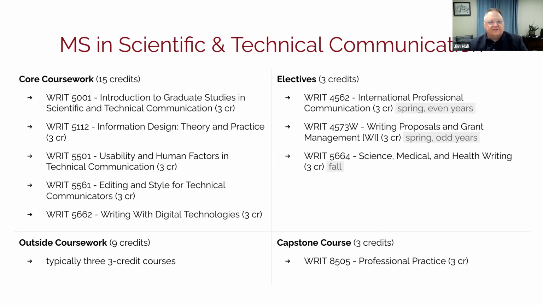And if you look closely, you'll notice that those are the same 5 courses from the certificate. So RIT 5001, Introduction to Graduate Studies, 5112, Information Design, 5501, Usability and Human Factors, 5561, Editing and Style, and 5662, Writing with Digital Technologies.